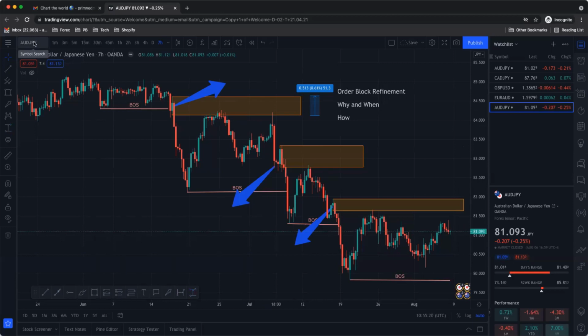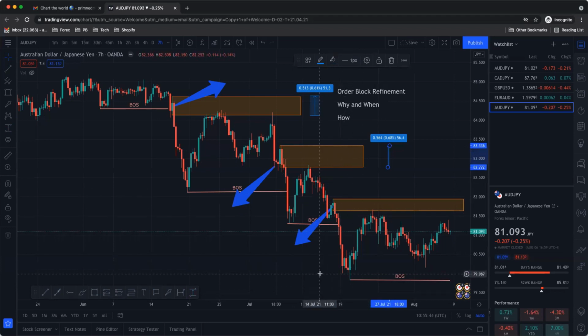The concepts are the same. Let's say this is a big order block. If you see the range, it's about 56 pips. We want to make it less than 5 pips and catch this move.